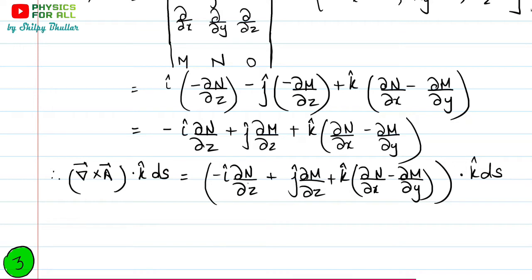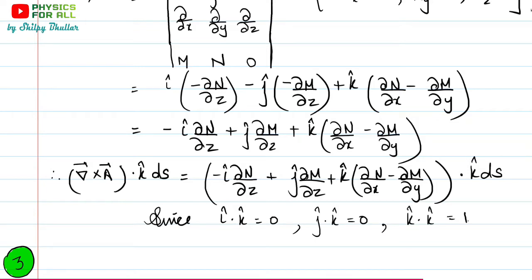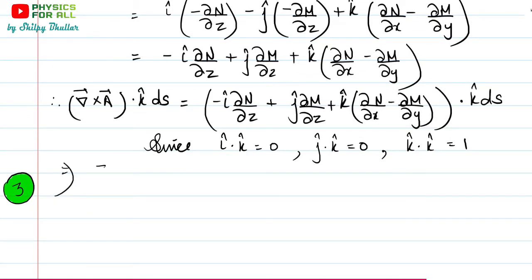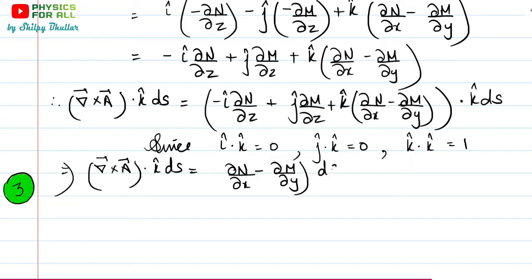It will not interact with i cap, because i cap dot k cap is 0. We also know that j cap dot k cap is also 0. Only k cap dot k cap is 1. So this k cap will only interact with this term and the rest of the terms would give us 0. This implies del cross A dot k cap ds would give us only curly n by curly x minus curly m by curly y, and ds is also there.